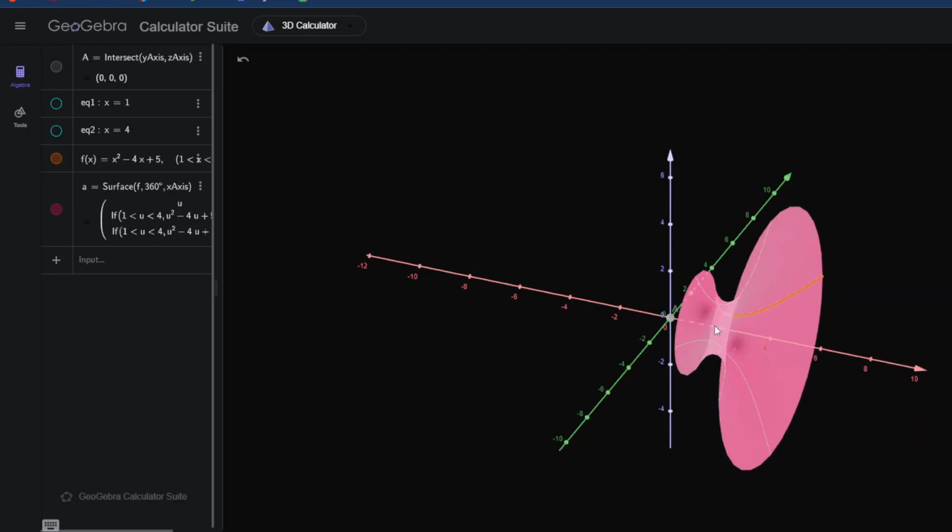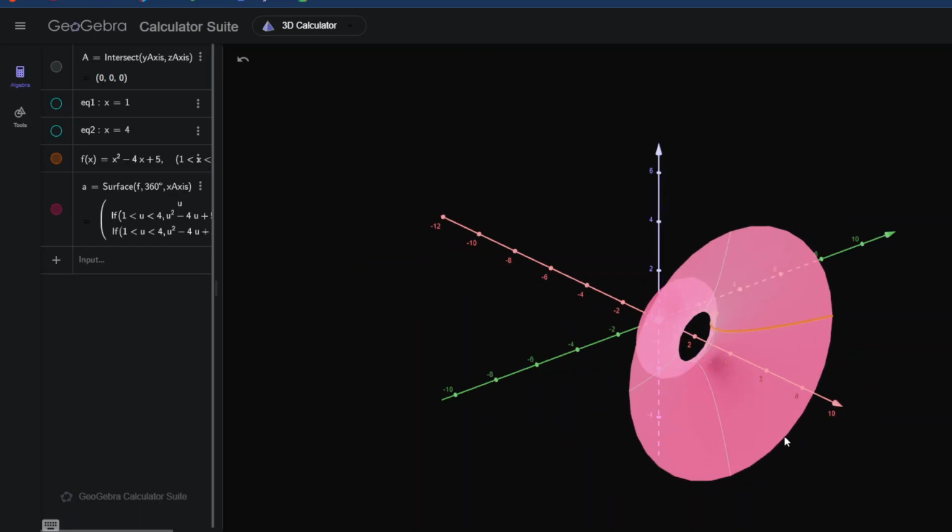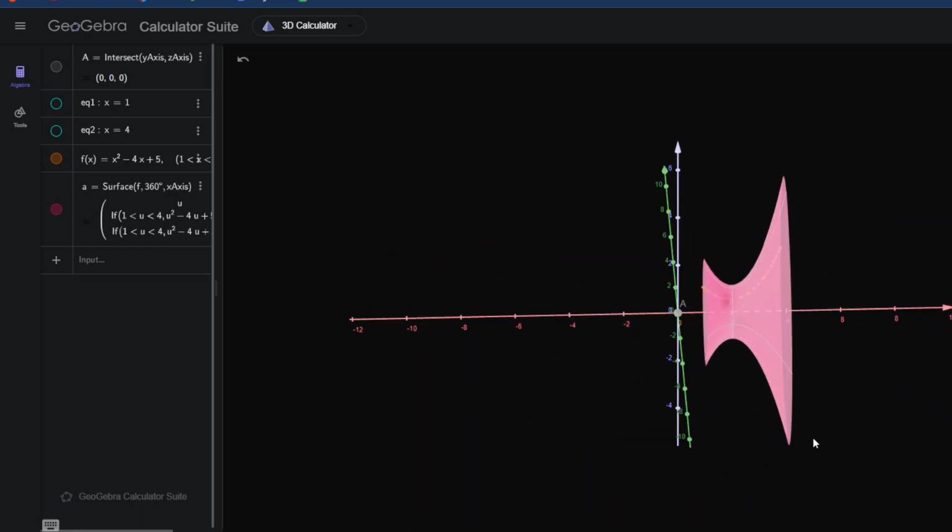And because we found this solid of revolution by revolving it, all of the cross sections are circles, right? If you just imagine taking a slice down the middle of this, you're going to have a circle anywhere.